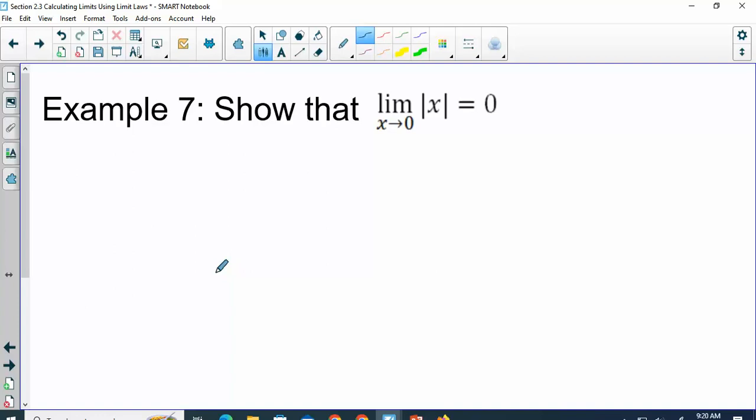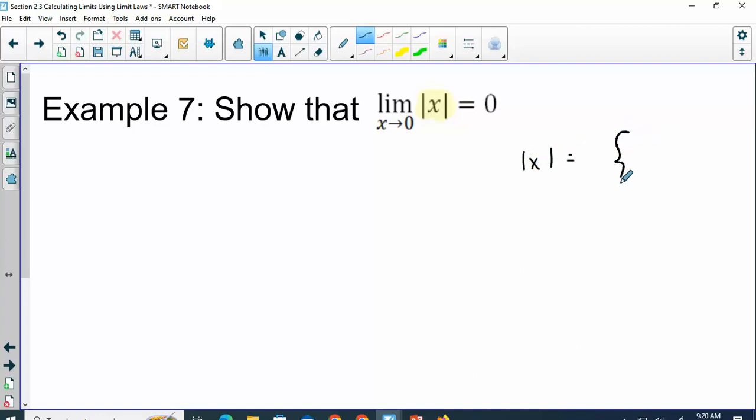Alright, so let's show that the limit as x approaches 0 of the absolute value of x equals 0. We do not have any limit laws concerning absolute values. In calculus, anytime we have an absolute value, we are going to have to rewrite it as a piecewise function, and I think we've already done this a time or two.